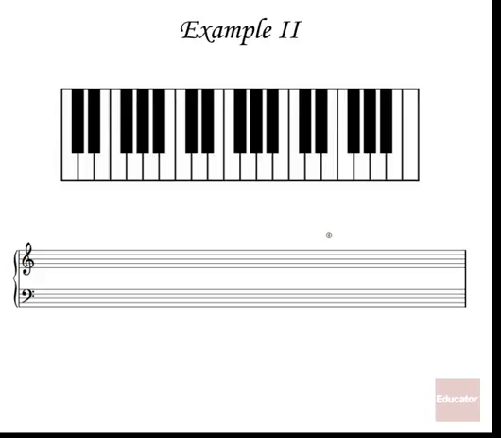Okay, for example 2, let's not use the piano keyboard. Let's use our little memory aid. So let's say we need to find these notes. So we can write in the word face along these spaces.